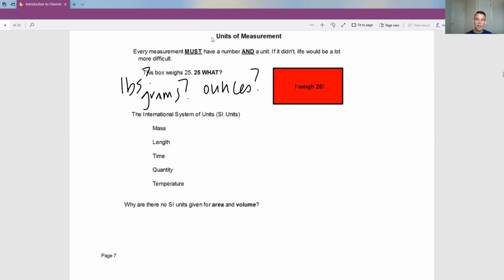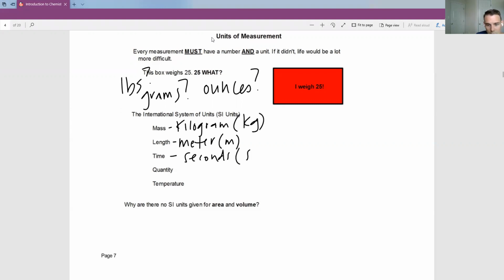Now, there is an international system of units called the SI units that are used in science and used across the world, just so things are more standardized. The SI unit for mass is going to be kilogram, abbreviated kg. Length is in meter, just m. Time is in seconds, which is just an s.